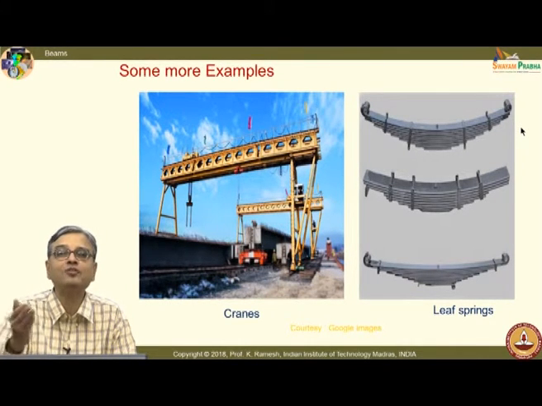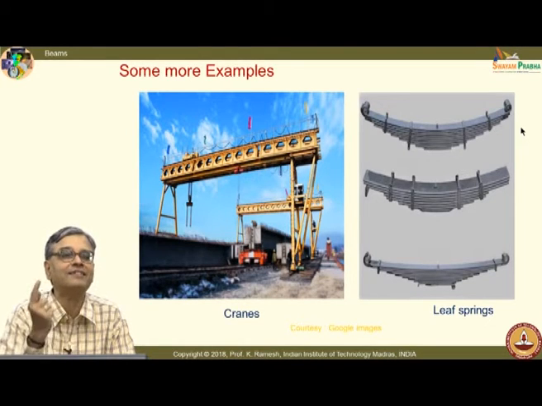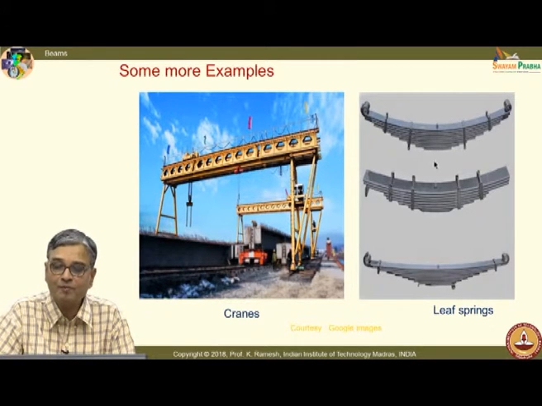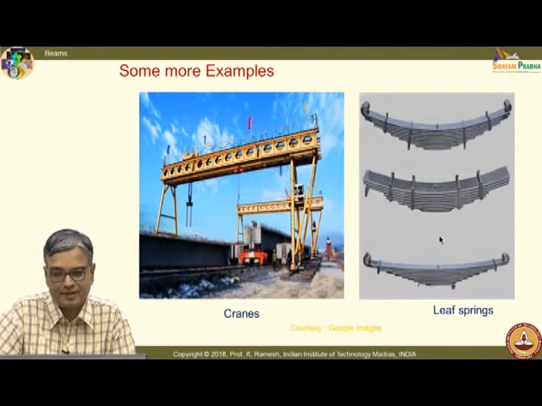See, normally you have seen a spring which is coiled like this. That is a normal spring that you come across. This also behaves like a spring, but you have to analyze the members subjected to bending. They are called leaf springs. They are practical examples. Then we move on to some fun facts.